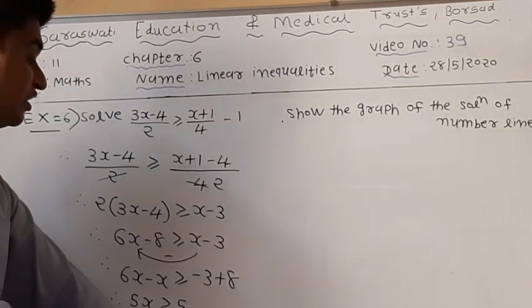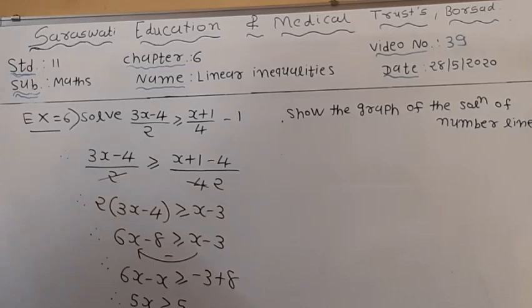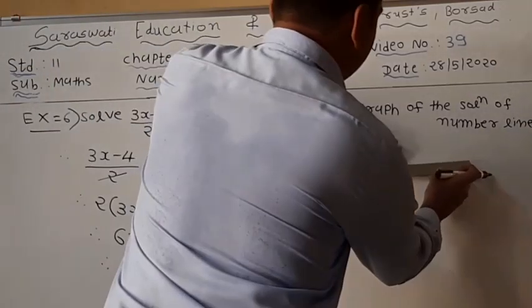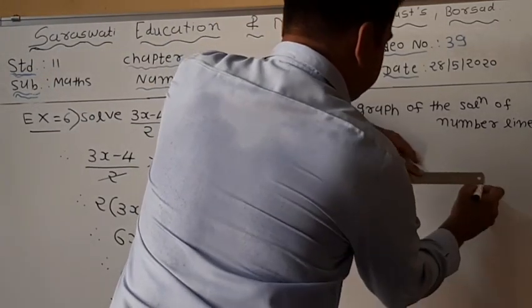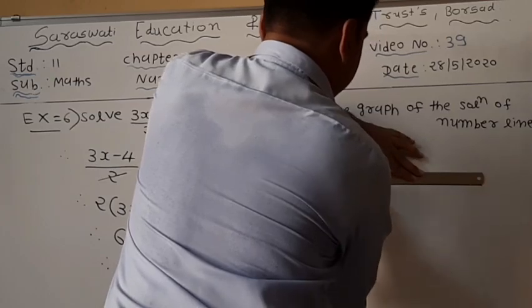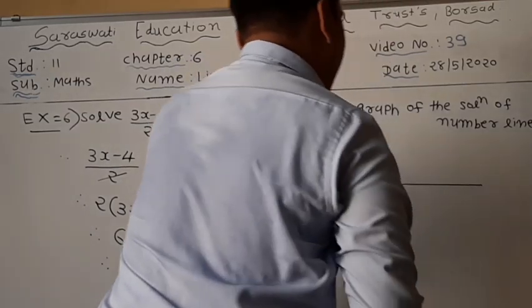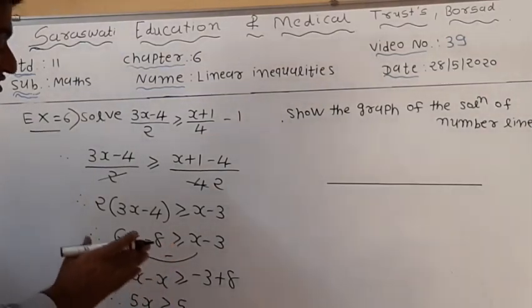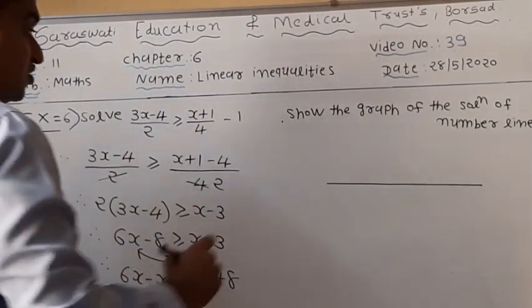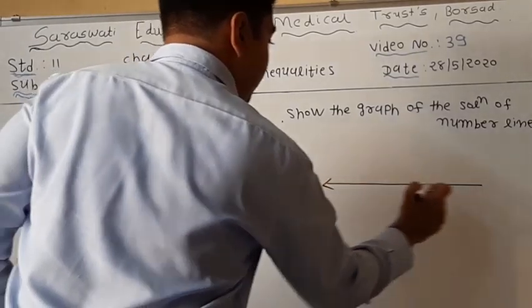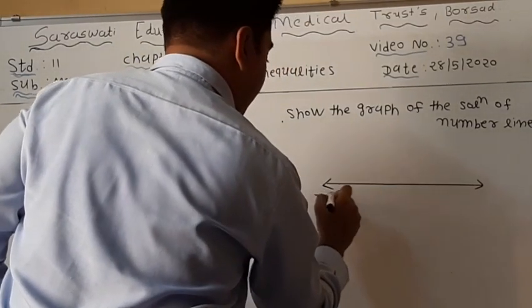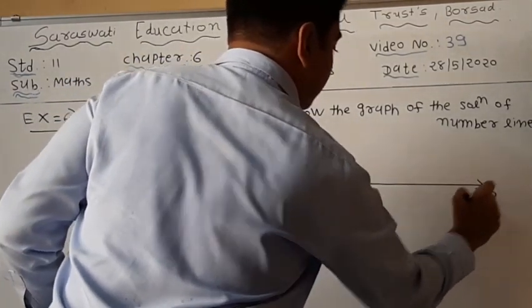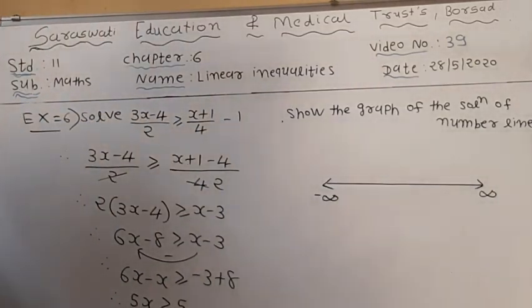Now how can it be represented on the number line? So again draw one line. Now first of all decide which side the arrow is going. So right side. So here we mention the position of minus infinity, and here write the position of infinity.